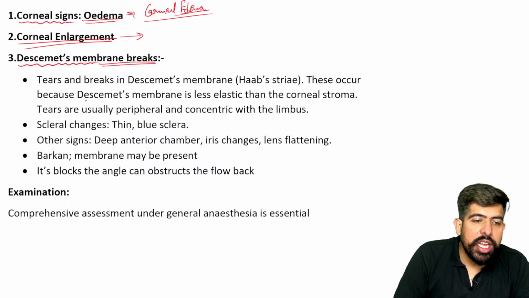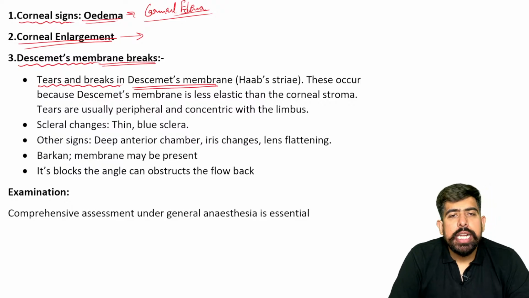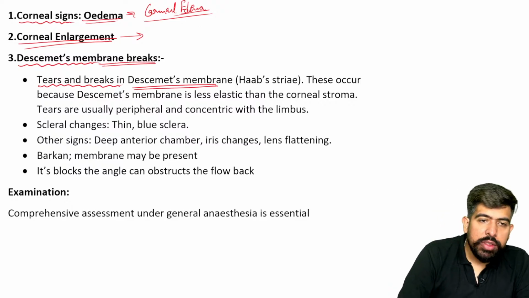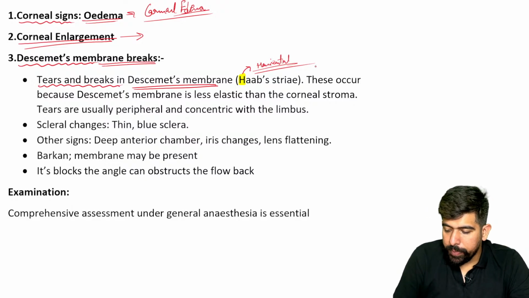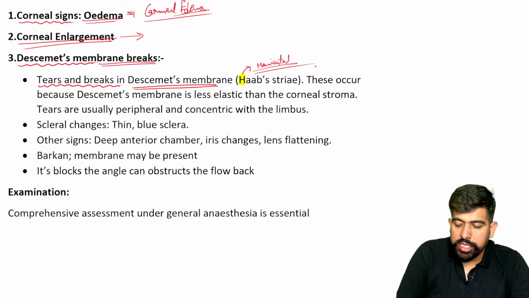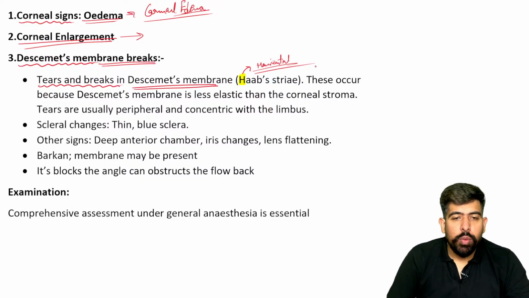Due to this corneal edema, there is a tear or breakage in the Descemet membrane of the cornea, and that is why these are horizontal, and this is known as Haab striae. And Vogt striae, we talked about Vogt striae, are vertical.